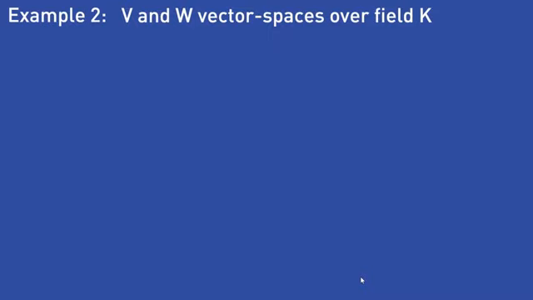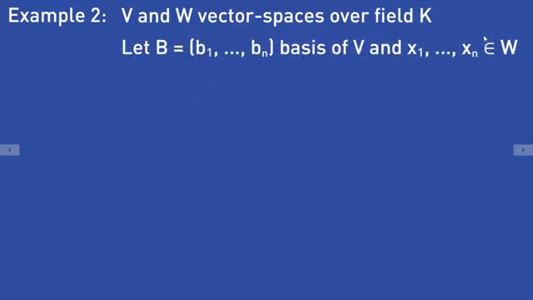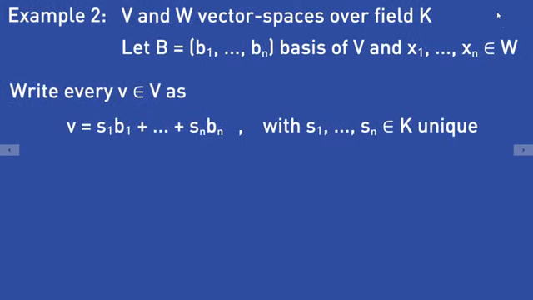So we have two vector spaces V and W over a field K. We have a basis B equal to b1 to bn of the vector space V, and n vectors x1 to xn in the vector space W. Because B is a basis, we can write down every small v in the vector space capital V as a unique linear combination of the basis vectors b1 to bn.